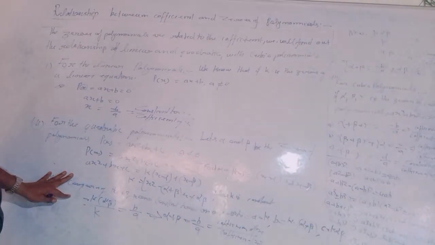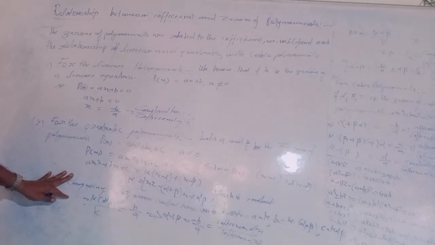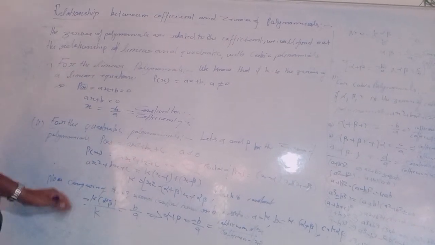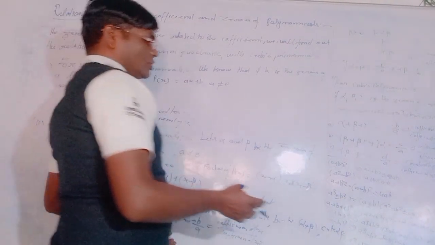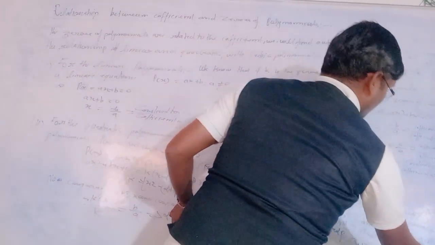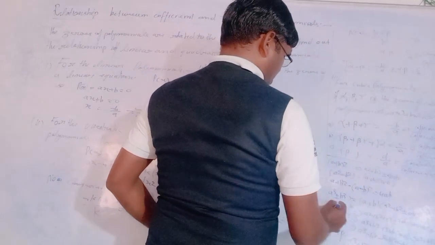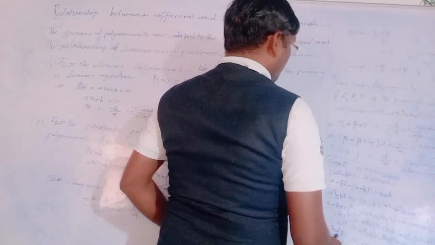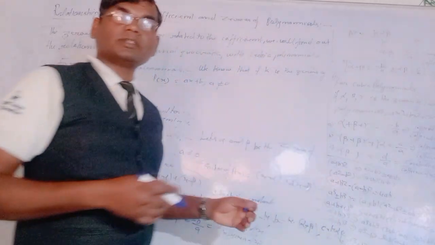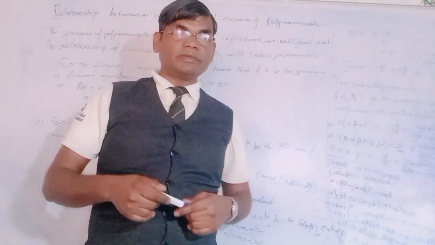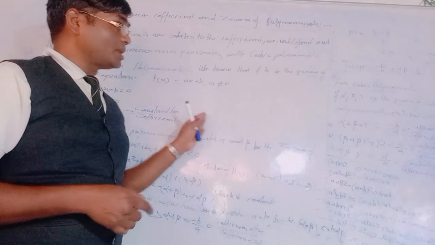Got it? A plus b plus c in one bracket, and in the second bracket a square, b square, c square minus ab minus bc minus ca. These are the formulas, eight in all, related to the algebraic exercise I am giving you, so that you can understand and solve the different related problems of polynomials.